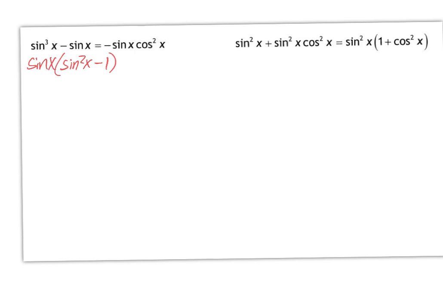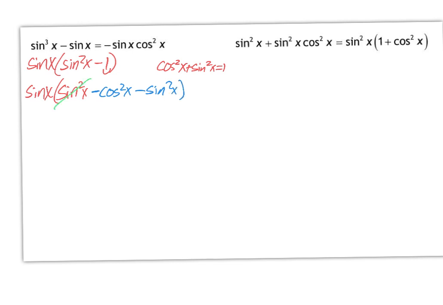The stuff on the inside, that's not quite what I had before. So one of the ways that I might deal with this is, again, to use my Pythagorean identity. So we've got cosine squared x plus sine squared x is equal to 1. Maybe I'll substitute this in for the 1. And when I do that, we've got sine of x out front, sine squared of x, and if I'm putting this in for minus 1, that's going to be minus cosine squared x minus sine squared x instead of 1.